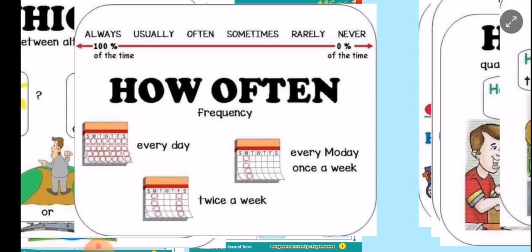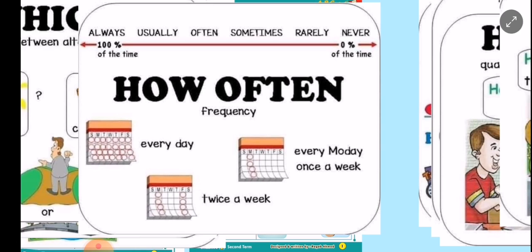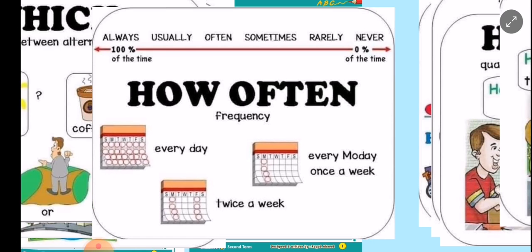Every day, twice a week, every Monday, once a week. This is the answer. How often do you, for example, do sport or exercise? Twice a week, on Friday, and so on. Yes, 2 days. This is how to use this question and the answer.